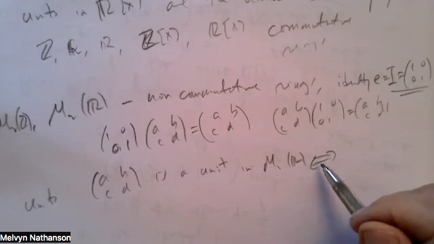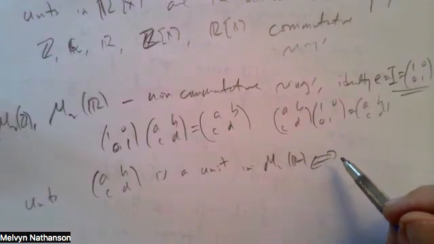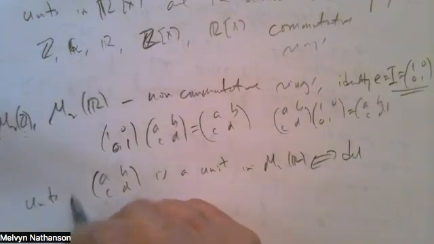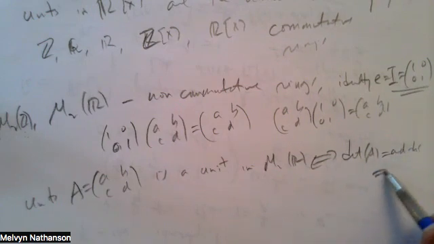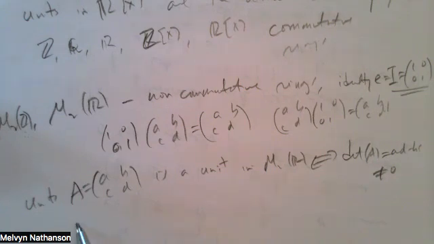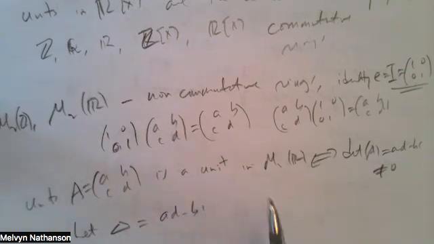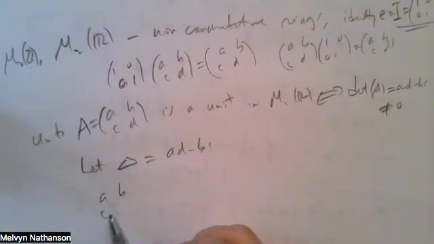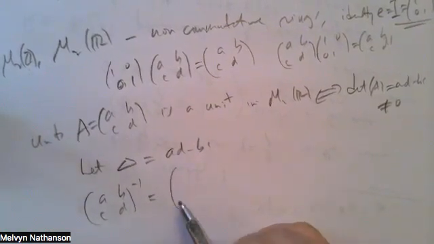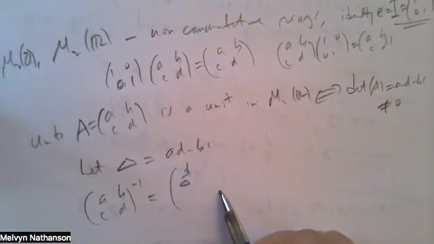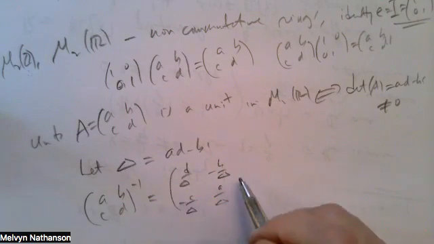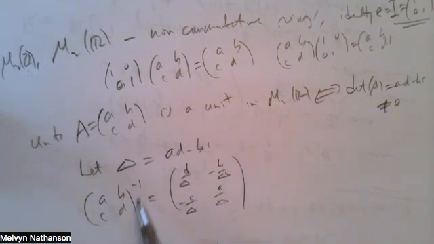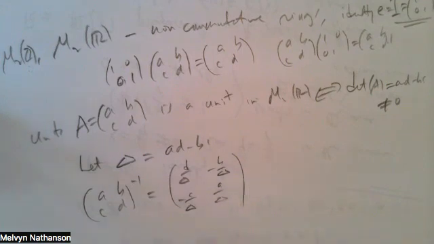And we've already seen, I think, that it has an inverse if and only if, let's call this element capital A, if and only if the determinant of A, which is AD minus BC, is not 0. Because suppose we let delta be this determinant, AD minus BC. Again, we've seen that A, B, C, D inverse is equal to D over delta, minus B over delta, minus C over delta, A over delta. Multiply this by the matrix A, you get the identity.